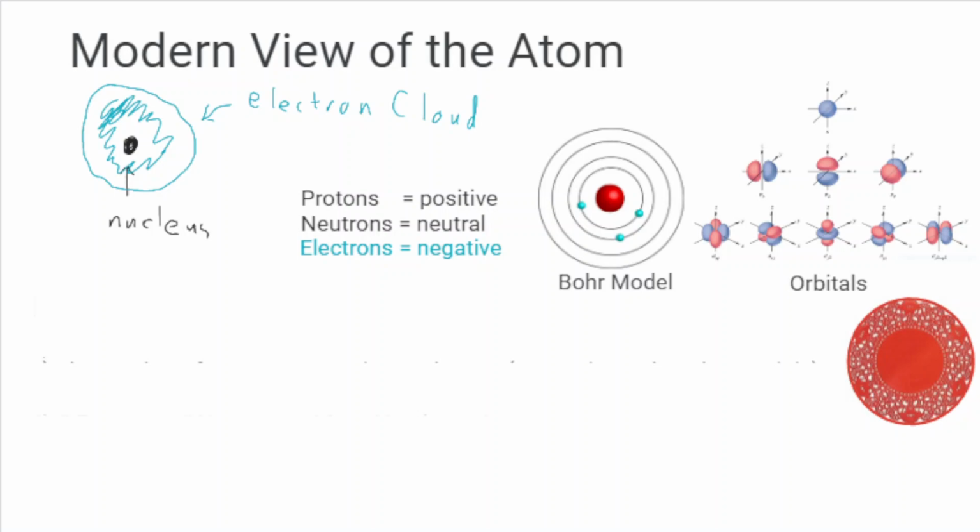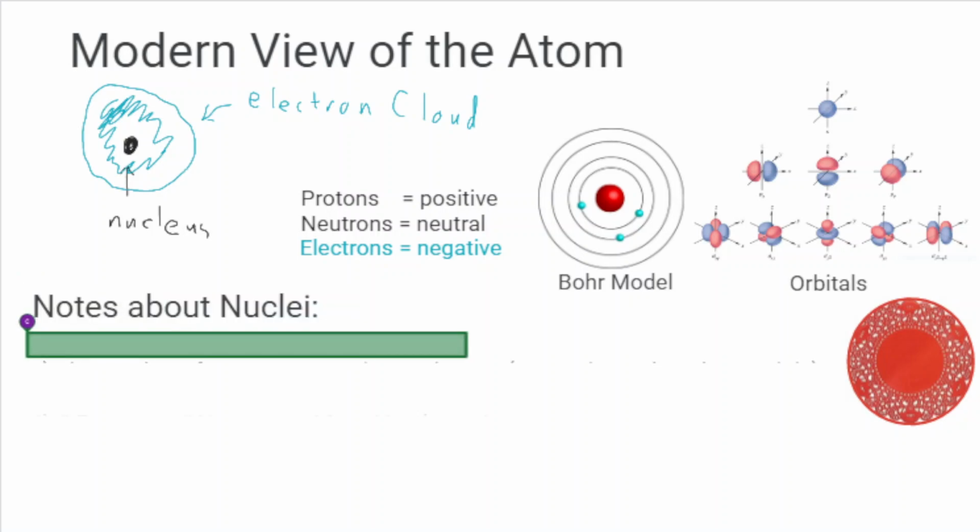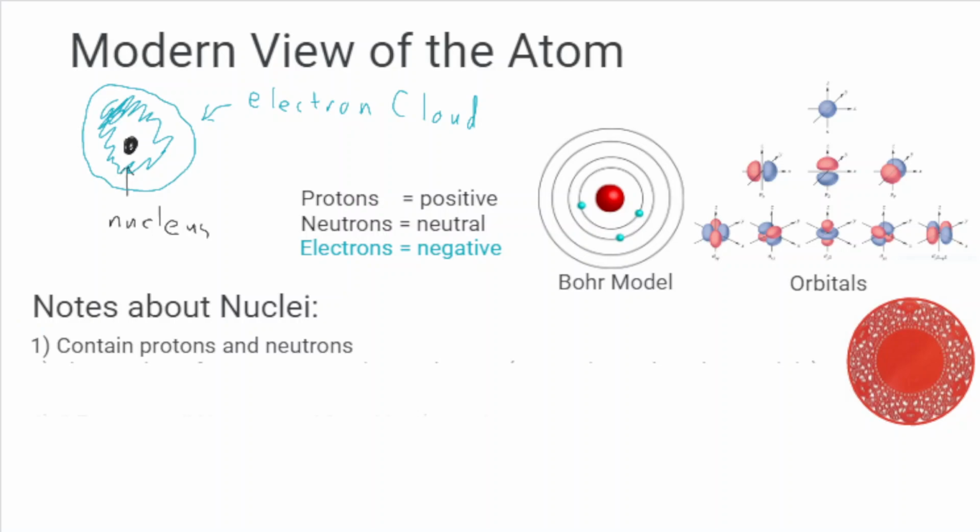So, since most of the chemistry happens with how these electrons are behaving, a lot of that is dictated by the nucleus. So let's talk a little bit about the nucleus. A couple things about the nucleus: it contains all the protons and neutrons found in the atom.